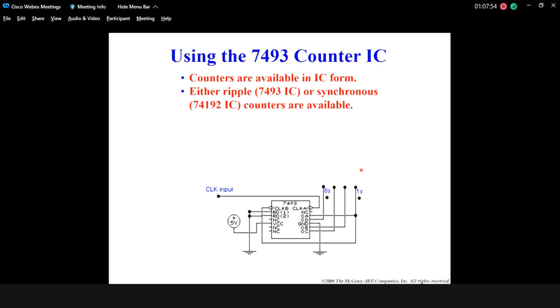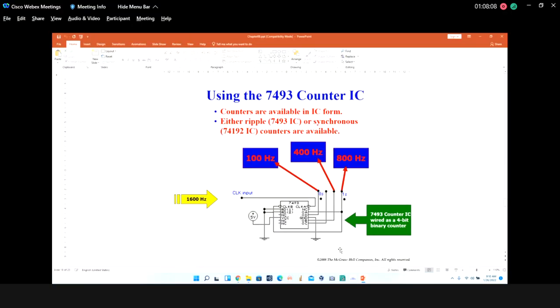Let's go to the data sheet. Oh, so this one is wired as a 4-bit binary counter. The 7493.